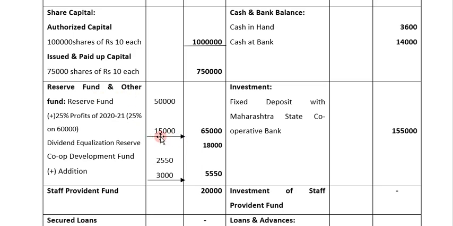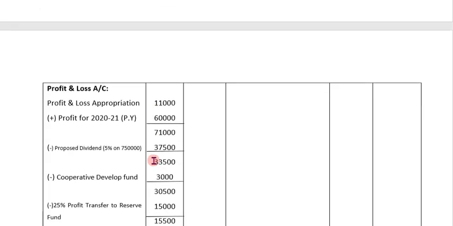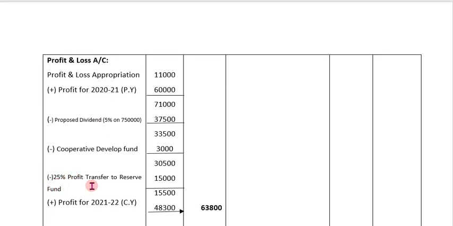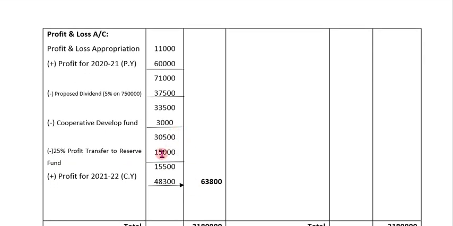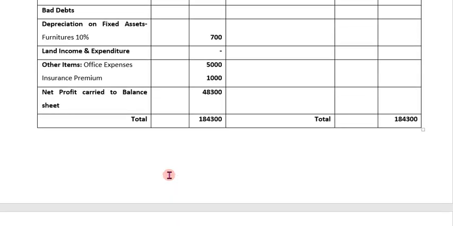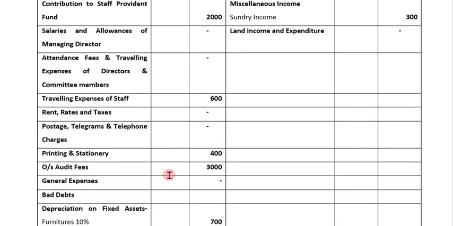Now the second effect of this 15,000 will come on the liability side but under a different head, that is profit and loss. So less 25% profit transfer to reserve fund 15,000. So 30,500 less 15,000, balance remaining is 15,500. Clear? Now all the entries, all the adjustments along with the second effect we have solved.